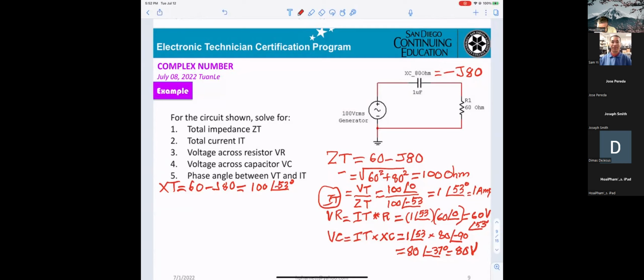And VT is 100 at 0 degrees. The question 5 says the phase angle between VT and IT. So IT is 1 at 53 and VT is 100 at 0 degrees.